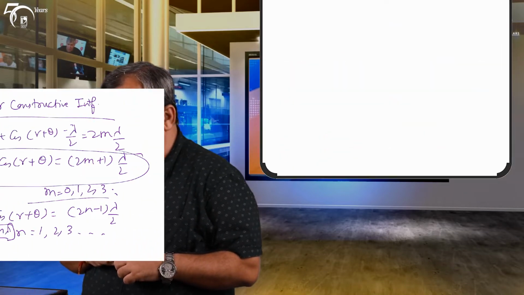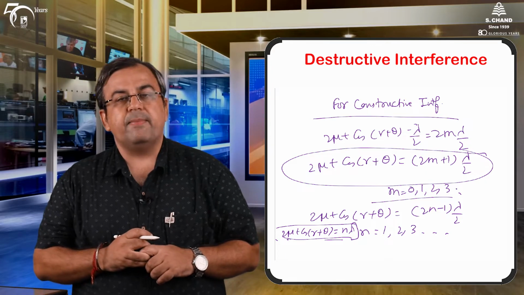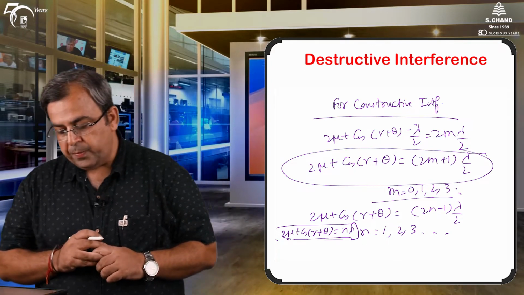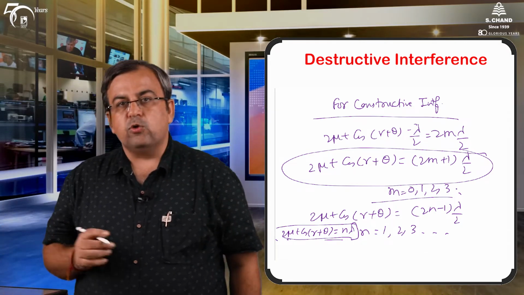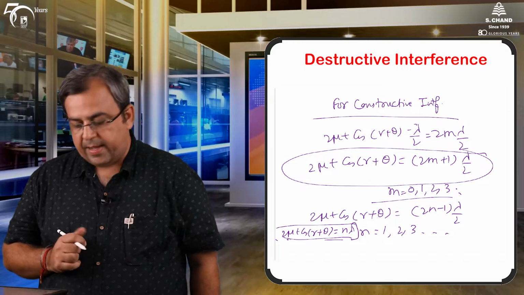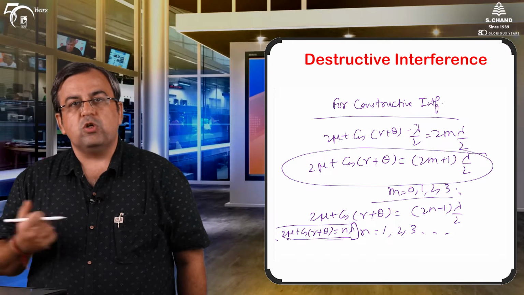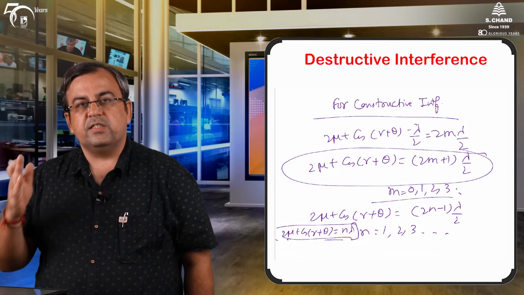For getting the constructive and destructive interferences, there is a condition which you can see on the screen: 2 mu t cos r plus theta minus lambda by 2 is equal to 2m lambda by 2 for observing the constructive interference, where m is equal to 0, 1, 2 and 3. So 2 mu t cos r plus theta is equal to 2m plus 1 lambda by 2, where m is equal to 0, 1, 2 and 3. It means when we put the values of m equal to 0, 1, 2 and 3, we can see the different constructive interferences.